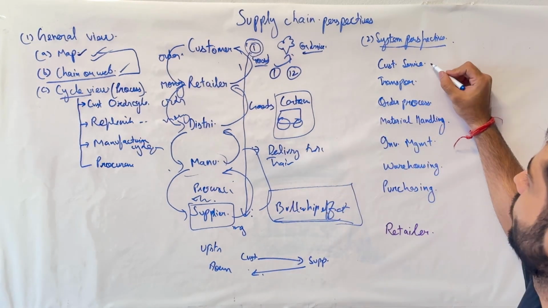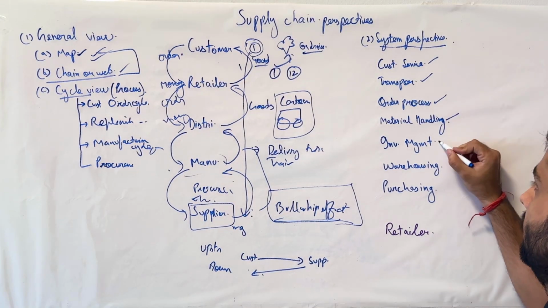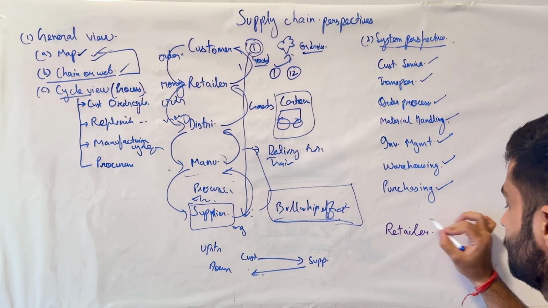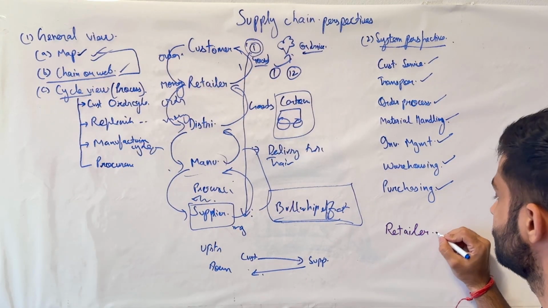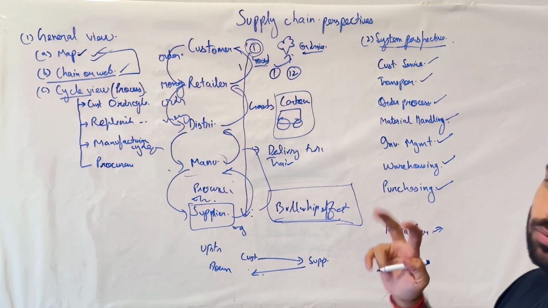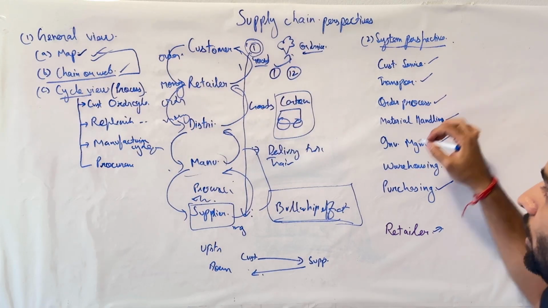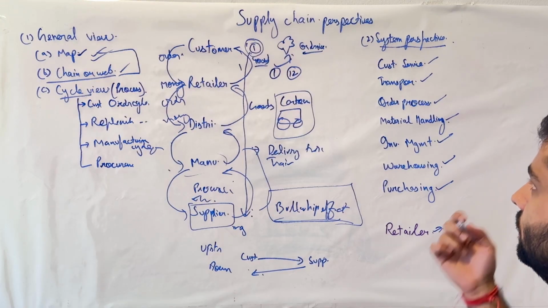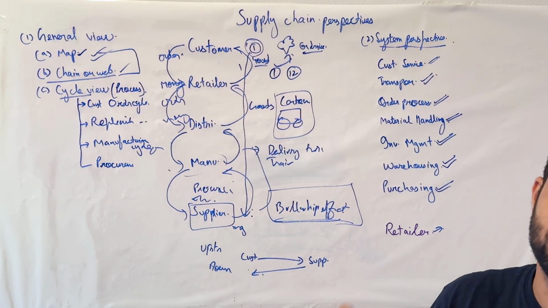What you see over here is customer service, transportation, order processing, material handling, inventory management, warehousing, purchasing, and let's put retailer. I've put it in a different color for a reason. Let's still keep it, but there's a retailer. A systems perspective means that all of these functions are part of the system that makes sure the entire supply chain is running.